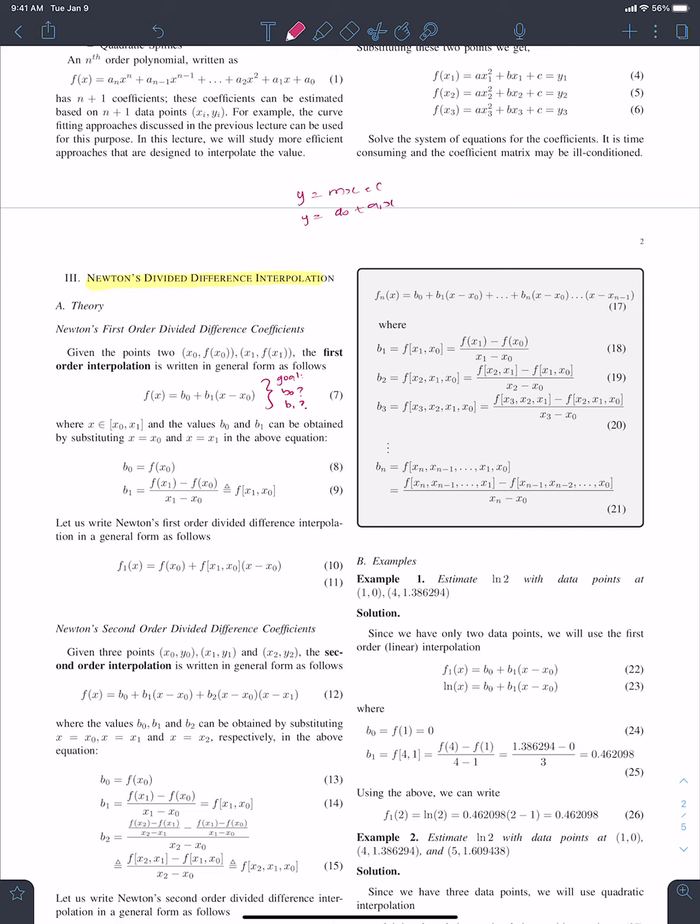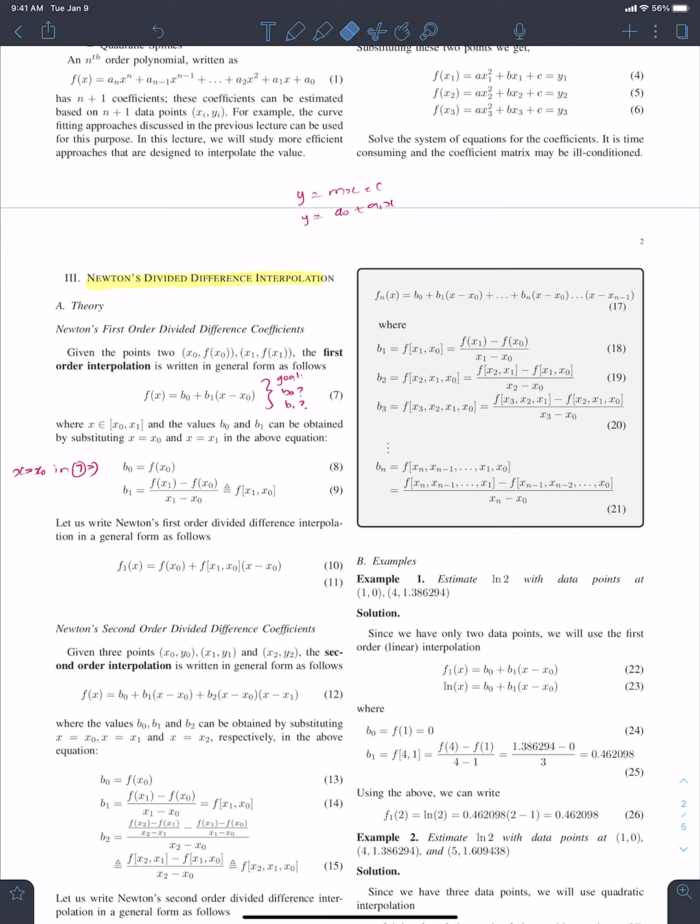So when you substitute x is equal to x0 in equation 7, you will directly get b0 is equal to f(x0).